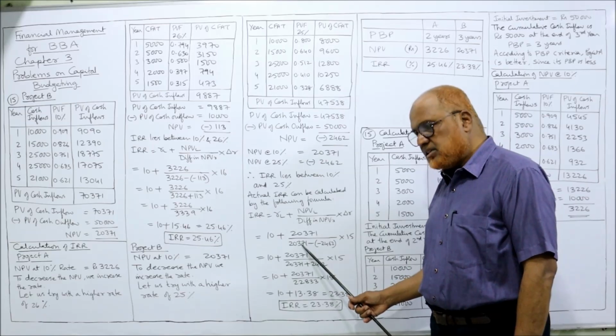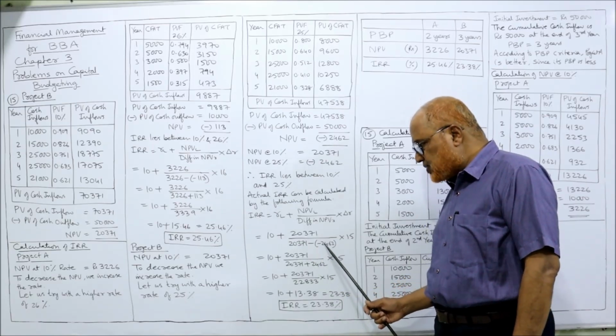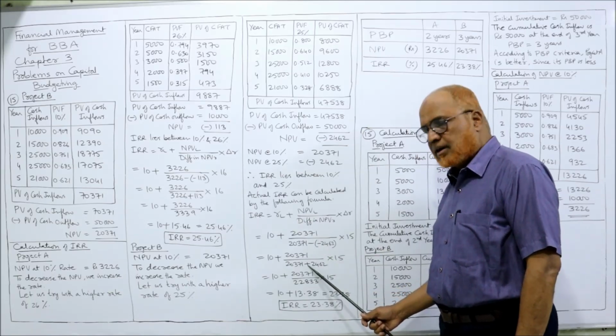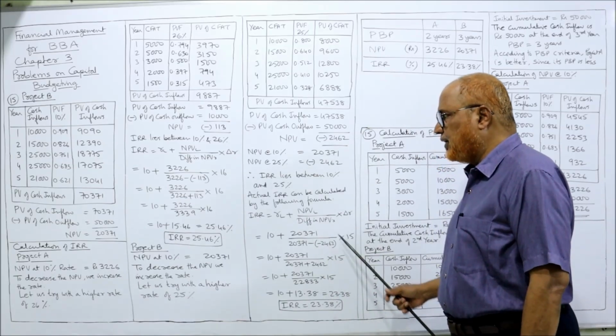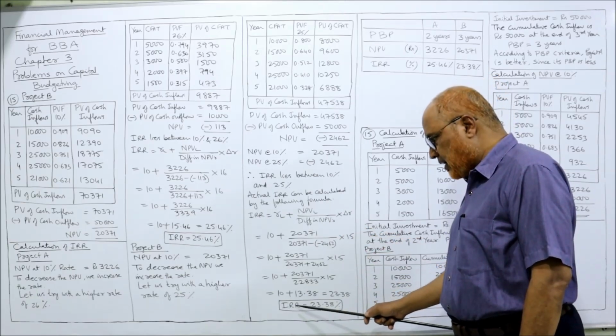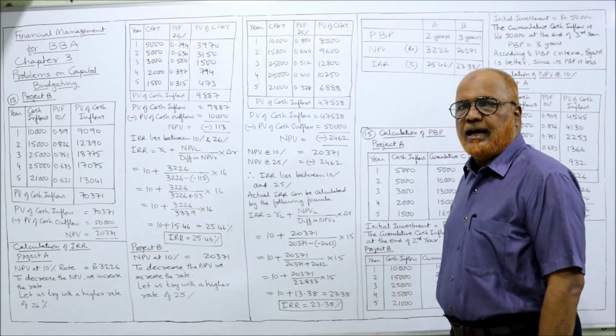Difference 20,371 minus minus 2,462, so minus into minus will become plus, then into 15. Difference 25 minus 10 is 15. So ultimately IRR comes to 23.38.